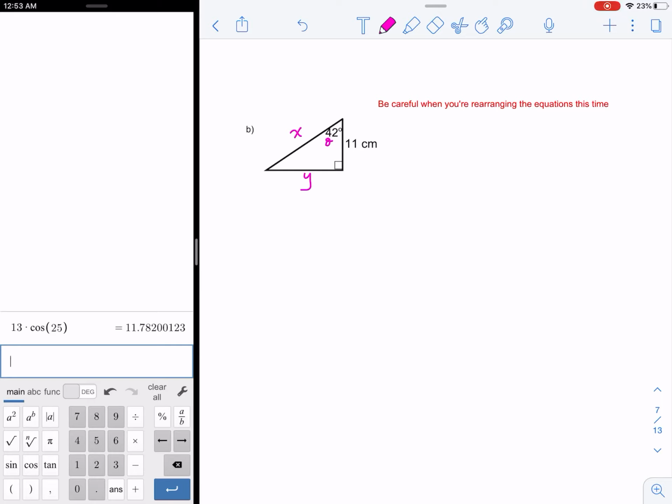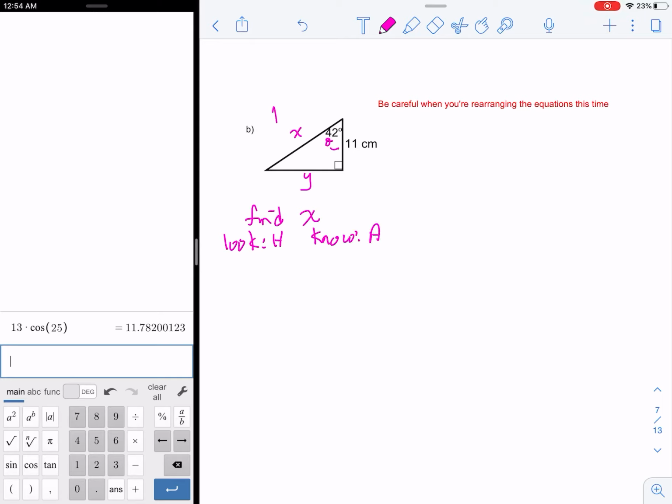So to find X, which is the hypotenuse, that means I'm looking for the hypotenuse. I know this would be the adjacent side.